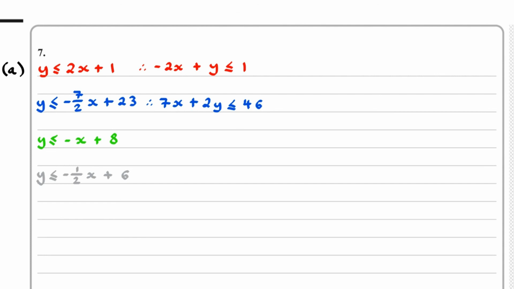If we take a look at the third one, we've got x plus y less than or equal to 8. And if I take a look at the fourth one, multiplying by 2 as well, we would have x plus 2y less than or equal to 12.